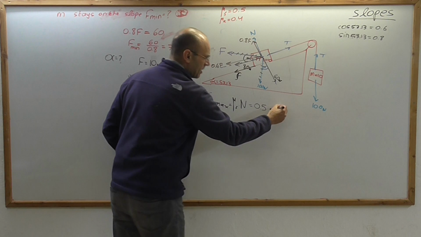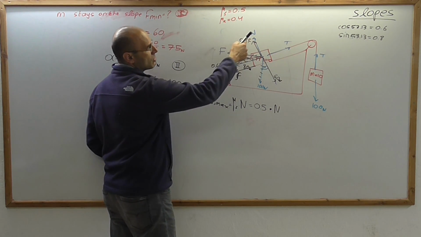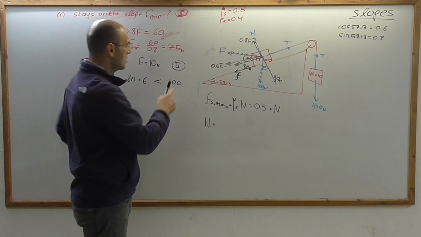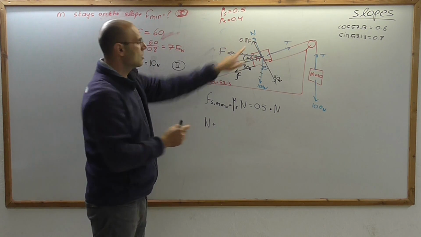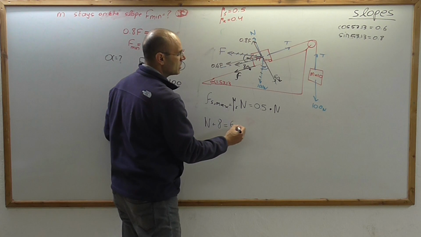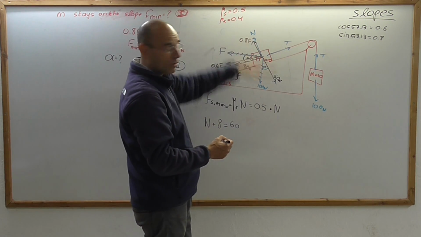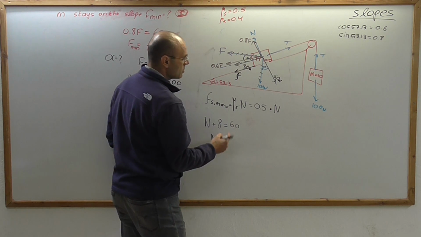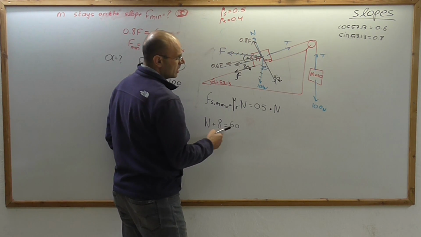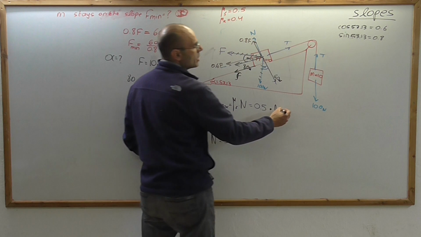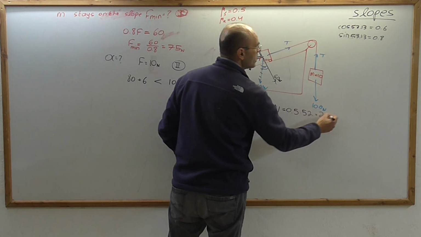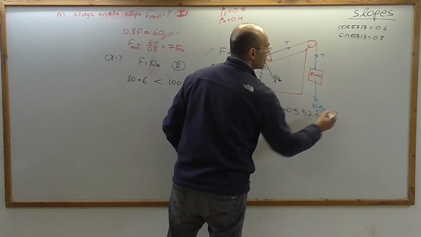I know that N plus 0.8 multiplied by F, which is 0.8 multiplied by 10, which is 8, must be equal to 60 because it doesn't go up nor down according to the first law of Newton. They are equal. So the normal force will be 52. So it will be 0.5 multiplied by 52, which is 26 newtons.